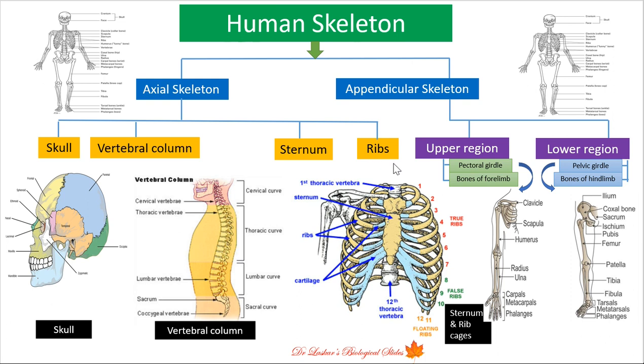And this is the pectoral girdle part. Each half of the pectoral girdle consists of two bones, one clavicle and one scapula.